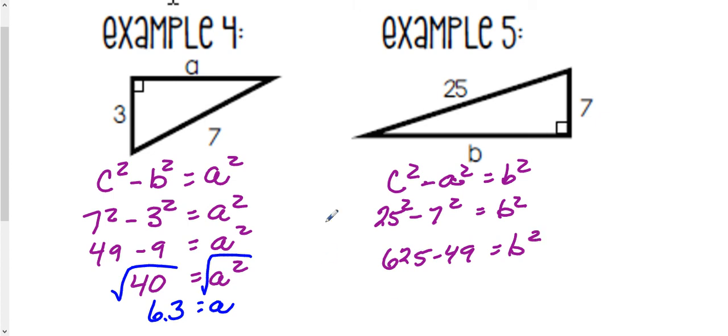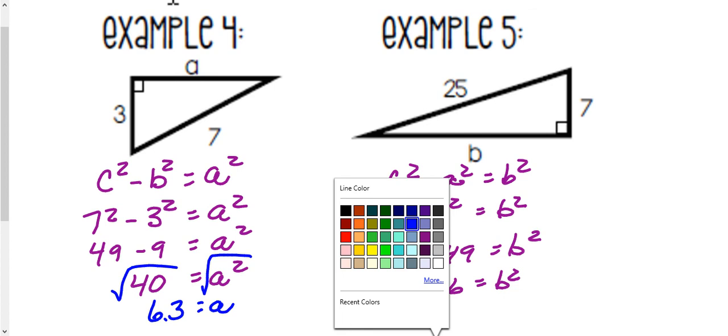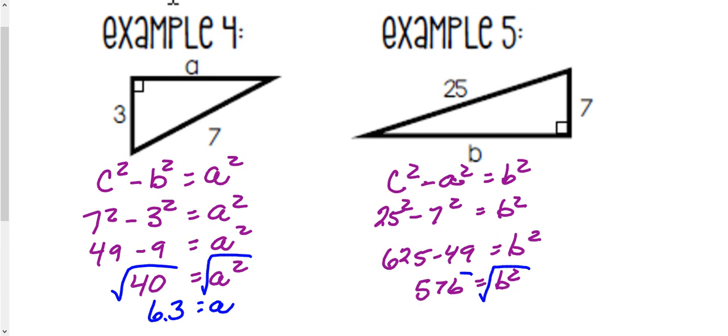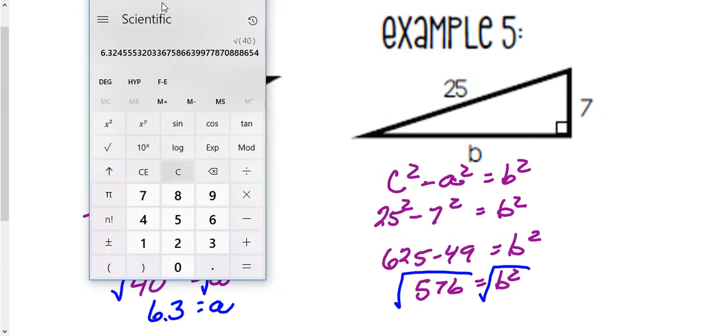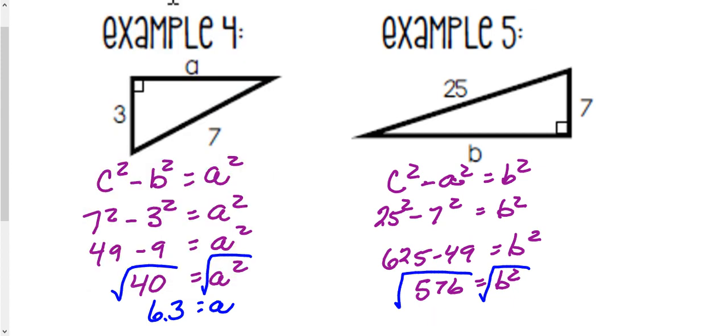It's 576. And now we need to take the square root of 576. So let's do this on our calculator. 25 squared minus 7 squared, and the square root of 576 is 24, so this is a whole number. 24 is equal to b.